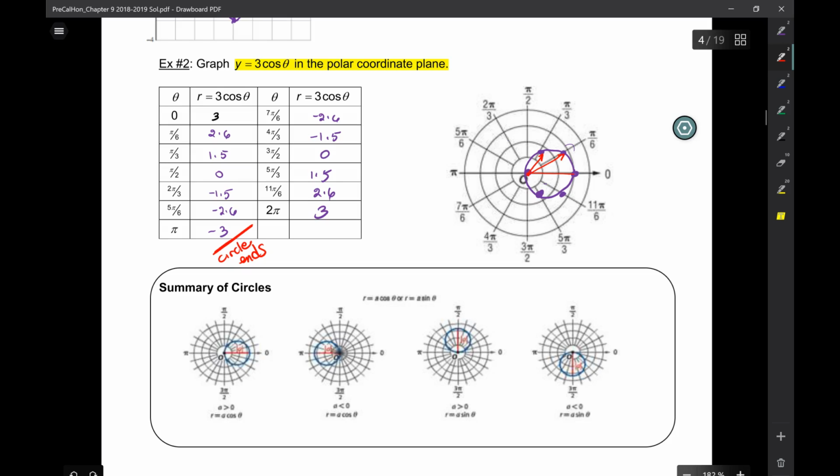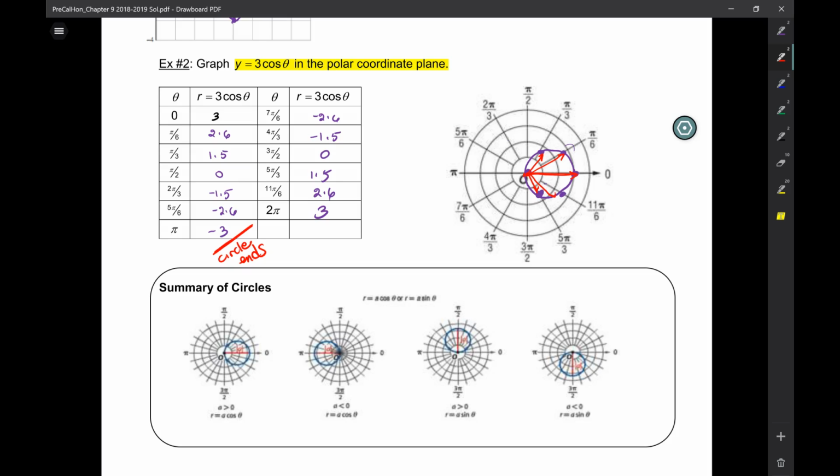And when theta is equal to pi over 2, how much is the radius? 0, so it doesn't go out at all. And then when you increase the angle, the radius increases a little bit more, and then again to pi. All right? So again, just like we talked about before, when we're graphing polar coordinates, it's just about at this angle, how far out does the radius go, and so on.